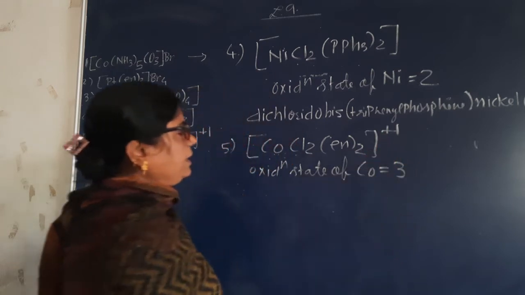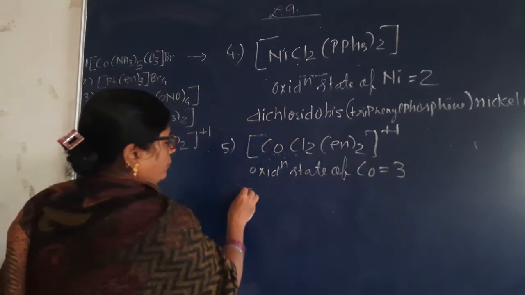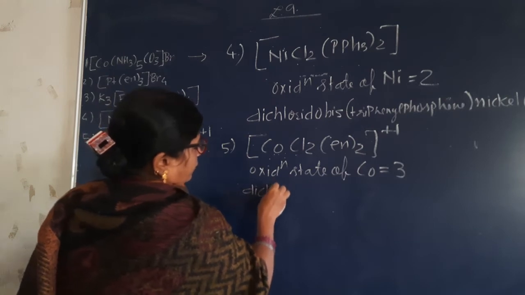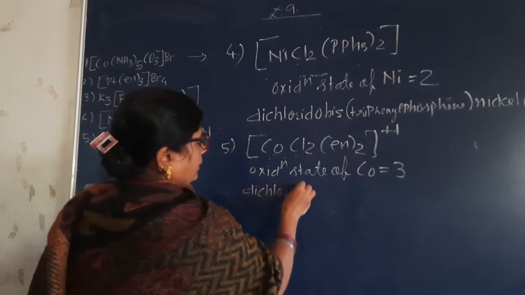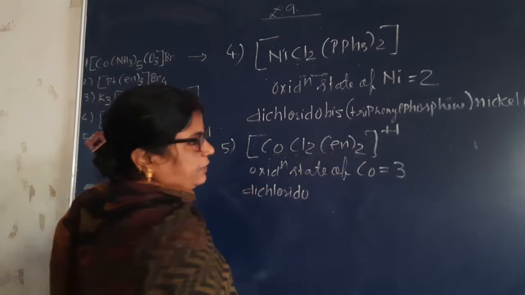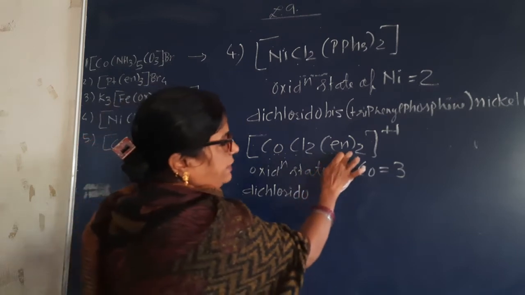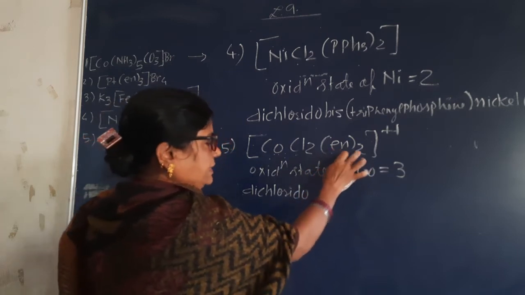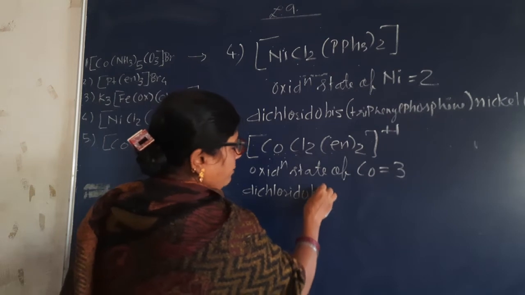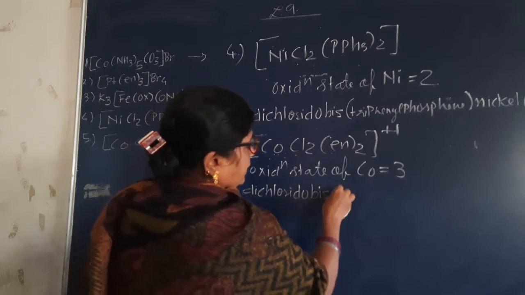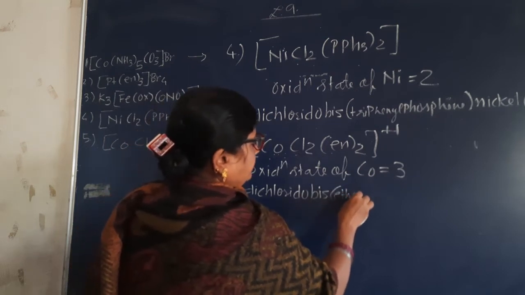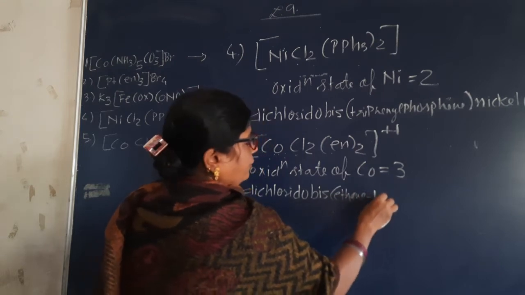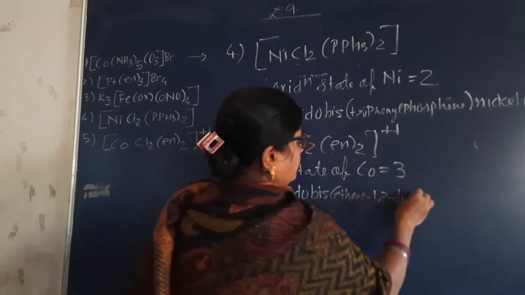So let me name it. Dichlorido, then ethane-1,2-diamine. It already has the numerals inside it, so we will use bis here. Bis(ethane-1,2-diamine).